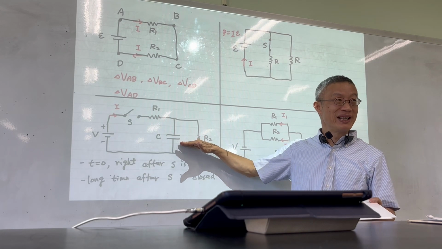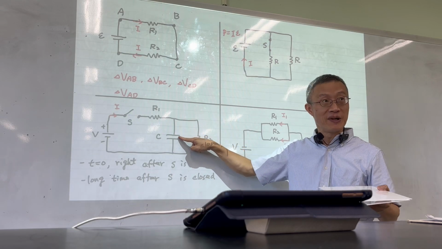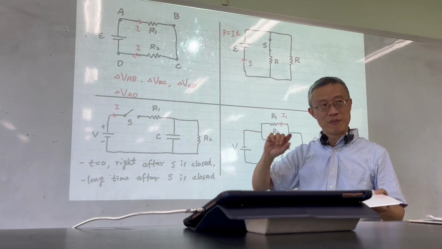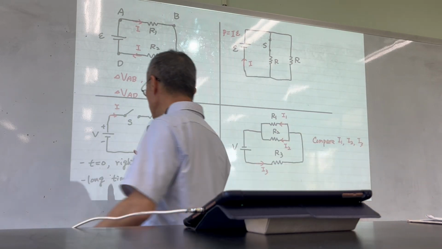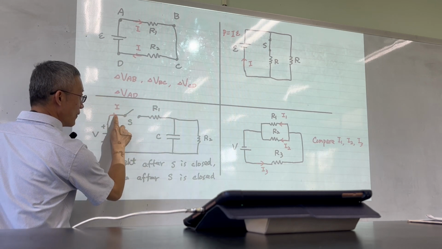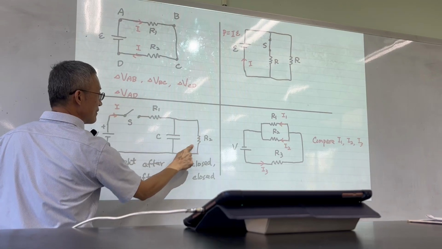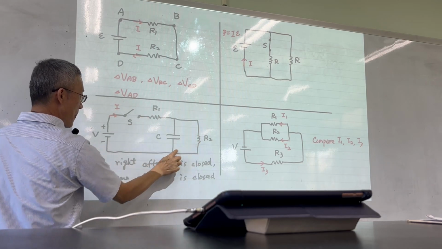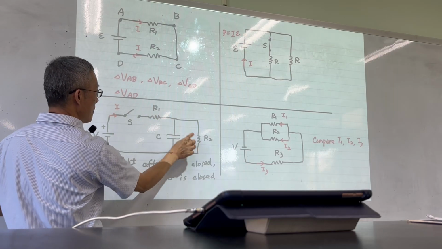It's like an open gap, because charge cannot be put on the plates. So after a long time, we treat this as a gap, okay? With the gap, current coming from the battery goes through R1, and since there's a gap here, it will go through R2. Because this side is broken, what's the current through R1? V over R1 plus R2.